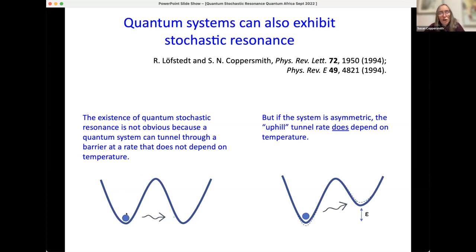If you're stuck on one side, there's no response, and then you raise the temperature and you get response, so you get more signal. And the fact that it goes down again at high temperature, I'd have to dig through another talk, but there is a peak as a function of noise.